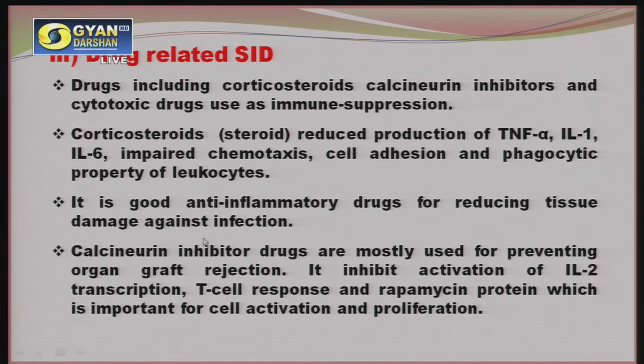Various drugs are there, like corticosteroids, calcineurin inhibitors and various cytotoxic drugs used in the immune response. The corticosteroids reduce the production of TNF alpha, interleukin 1 and interleukin 6, and impair chemotaxis, cell adhesion and phagocytosis properties of the leukocyte.